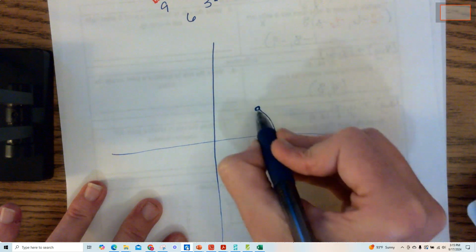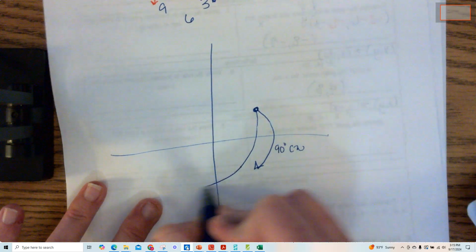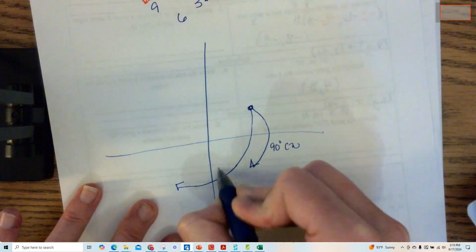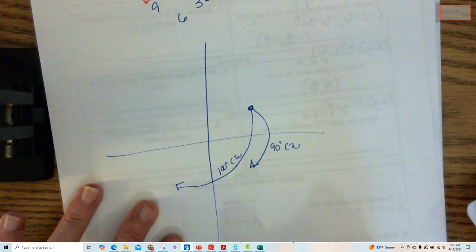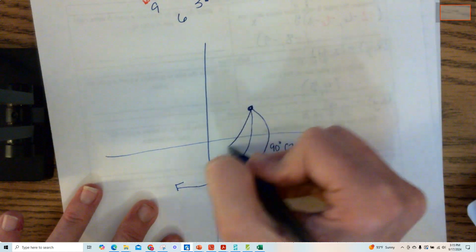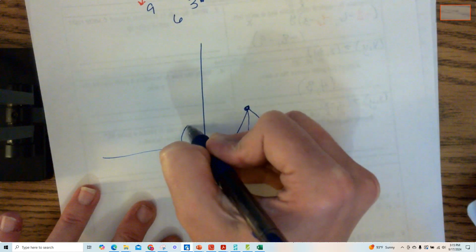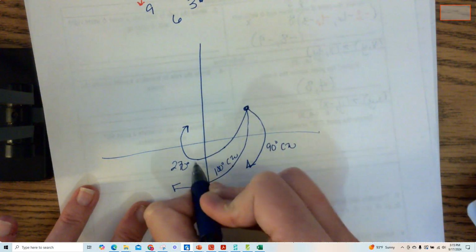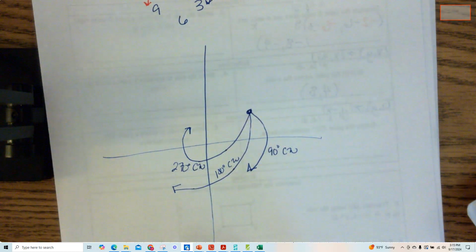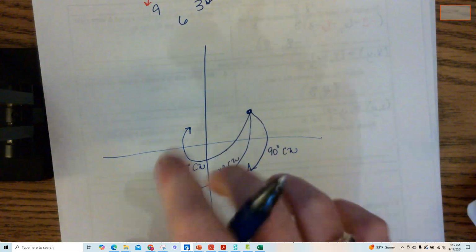If I go twice, 2 turns, 1 quadrant, 2 quadrants, that's 180 degrees clockwise. If I turn it 3 times, 1, 2, 3, that's 270 degrees clockwise. There's no easy way. You just have to understand that 1 turn.